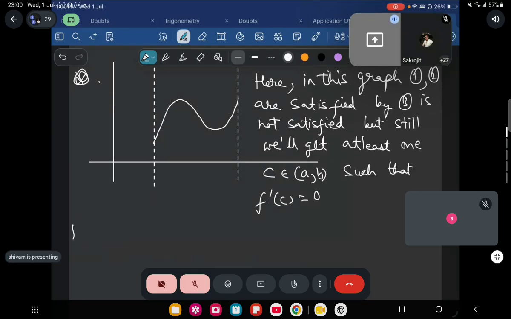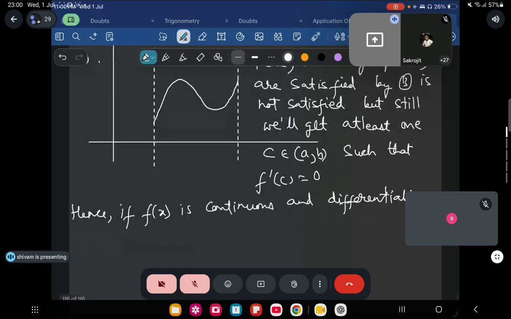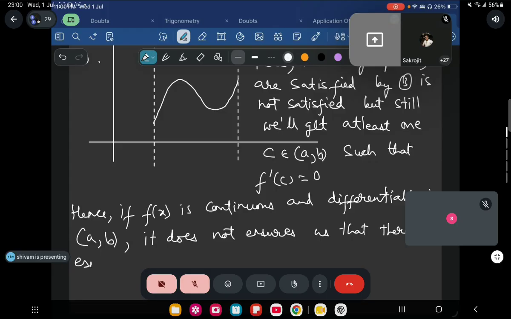Okay. Hence, we can say, if f(x) is continuous and differentiable in (a, b), it does not guarantee, it does not ensure us that there exists some c belonging to (a, b) such that f'(c) is equal to 0.